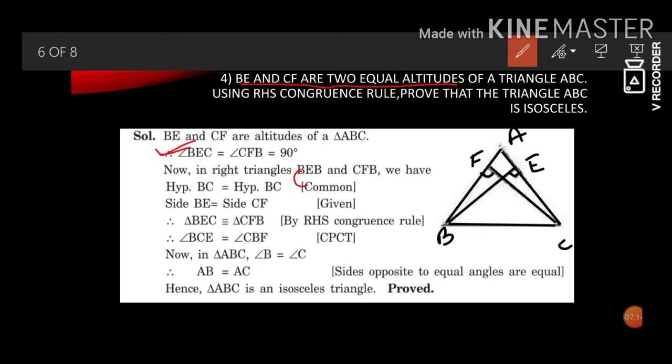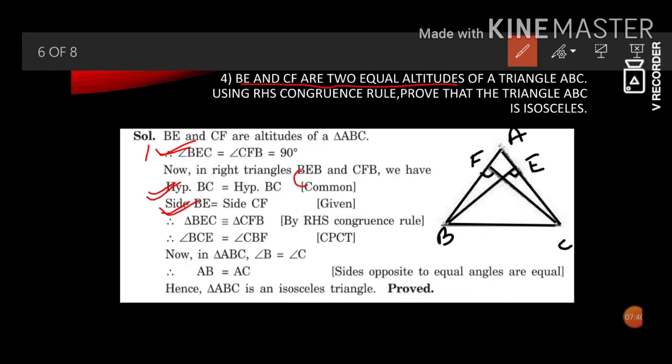Here the hypotenuse is BC. So hypotenuse BC is common to both the triangles, and the sides BE and CF are equal, that is given in the question. So hypotenuse and one side is done, and it is also said that we have angle at E and F as 90 degrees.